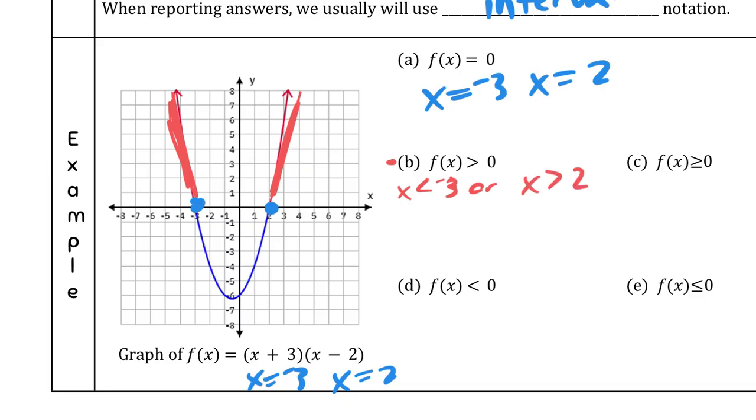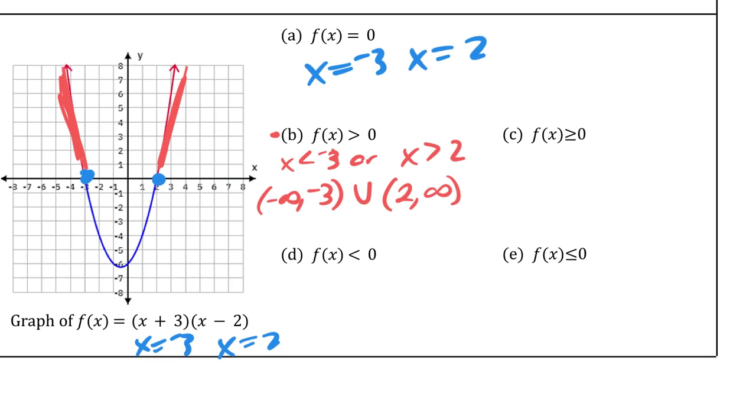We have those two separated pieces. In interval notation, that would be -infinity to -3 or 2 to infinity. Those are the two notations you need to use when you're reporting. You're talking about function values, but you're giving me the x values: where is the function above the x-axis for these values of x?